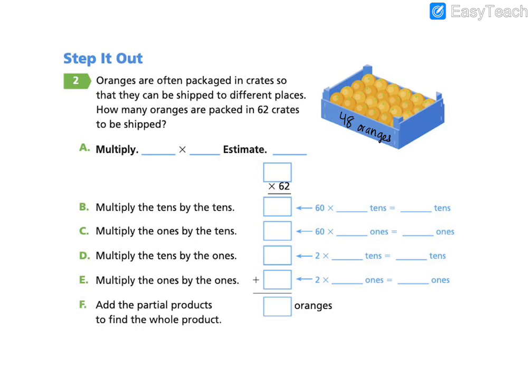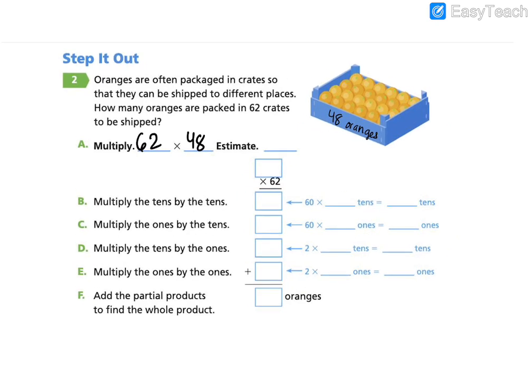All right, so we know that there are 62 crates, and each crate has 48 oranges. We need to go ahead and estimate. I'm going to estimate this as 60 times 50. I know that 6 times 5 is 30, so 6 times 50 is 300. Therefore, 60 times 50 must be 3,000.